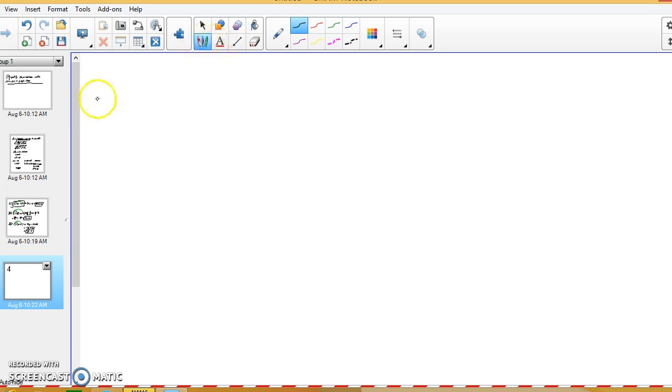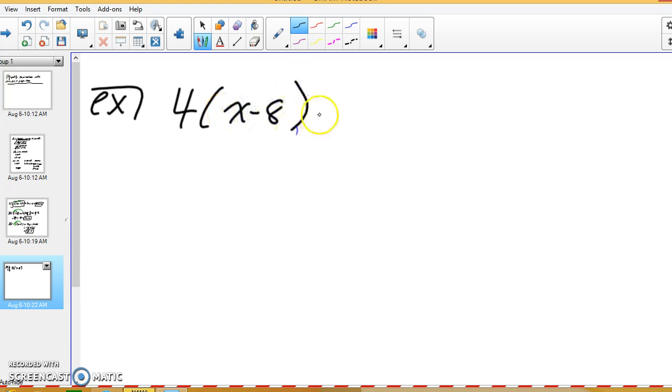So again, I just want to keep going through a few more examples, as this is an intuitive process, but I also want to give you guys plenty of looks at it. So say we have 4x minus 8 minus x plus 3.